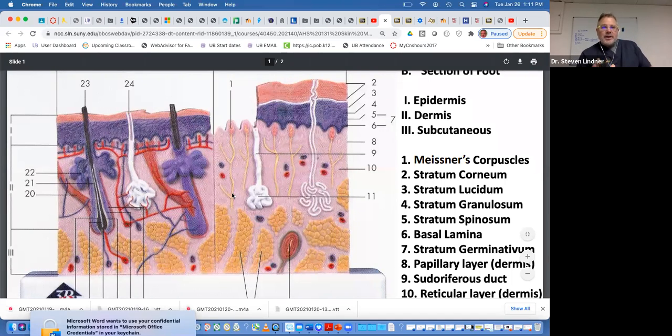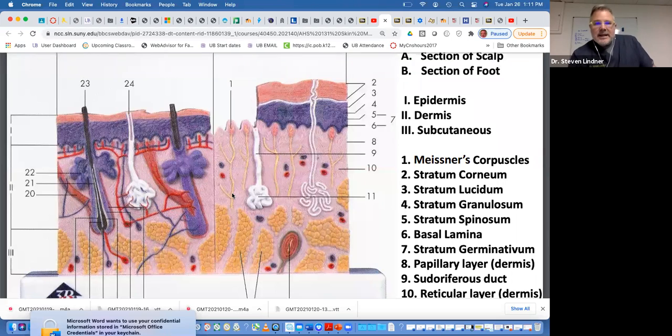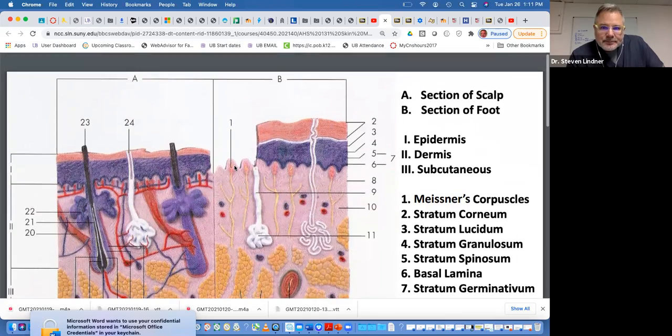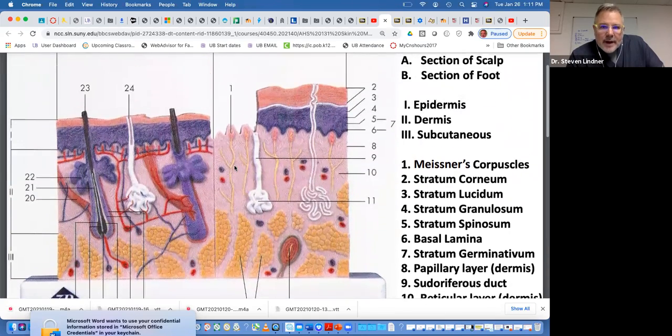That's why we usually cover skin last, just to summarize the 4 different types of tissue: epithelium, connective, muscle, and nerve.